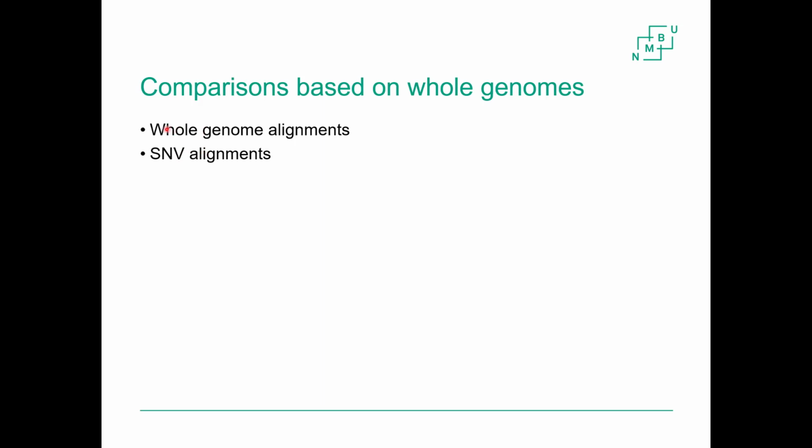So it means that instead of aligning the whole genomes, we only align those positions where they differ, where at least one genome differs from the rest. So it's two approaches along the same line, you can say, because both of them end up with alignments.